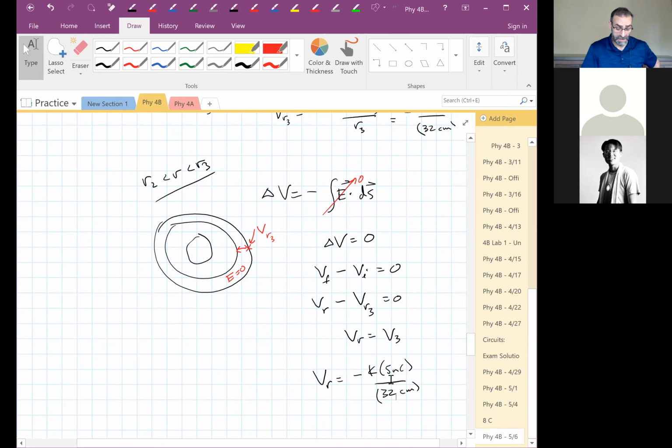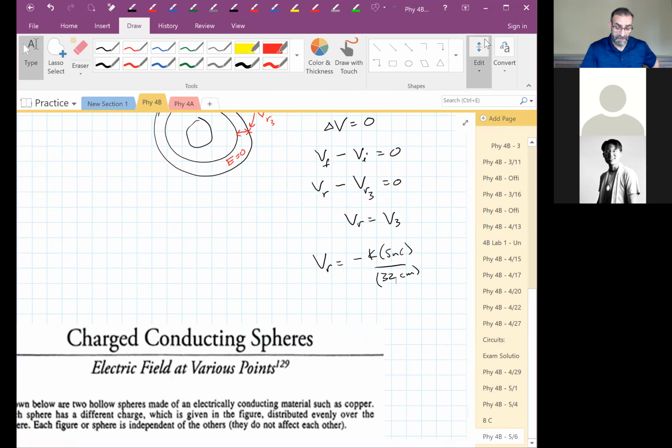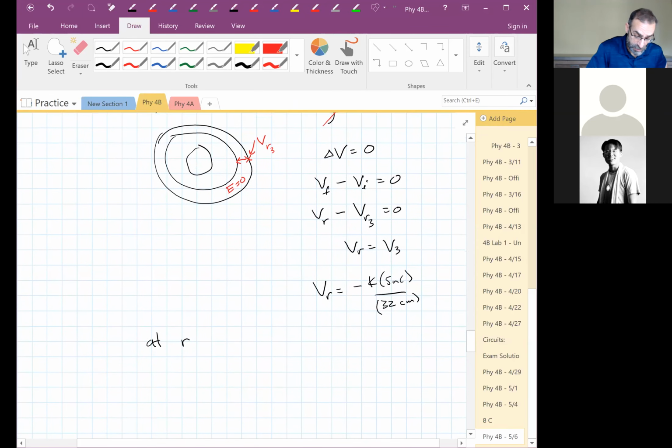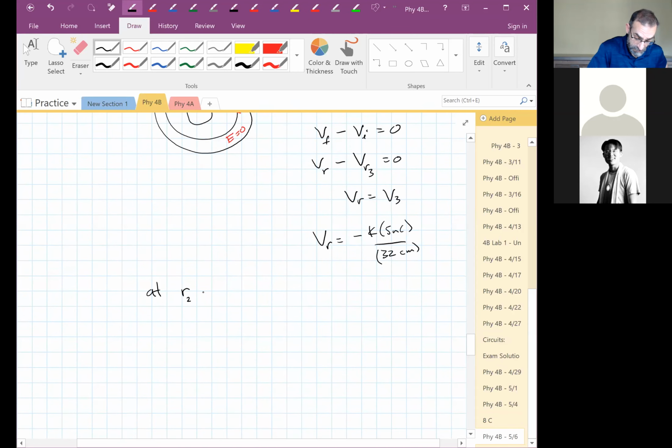Okay, 2 more regions to go. So we say at the next boundary, at R2, it's just the same as it was in that whole region, right?